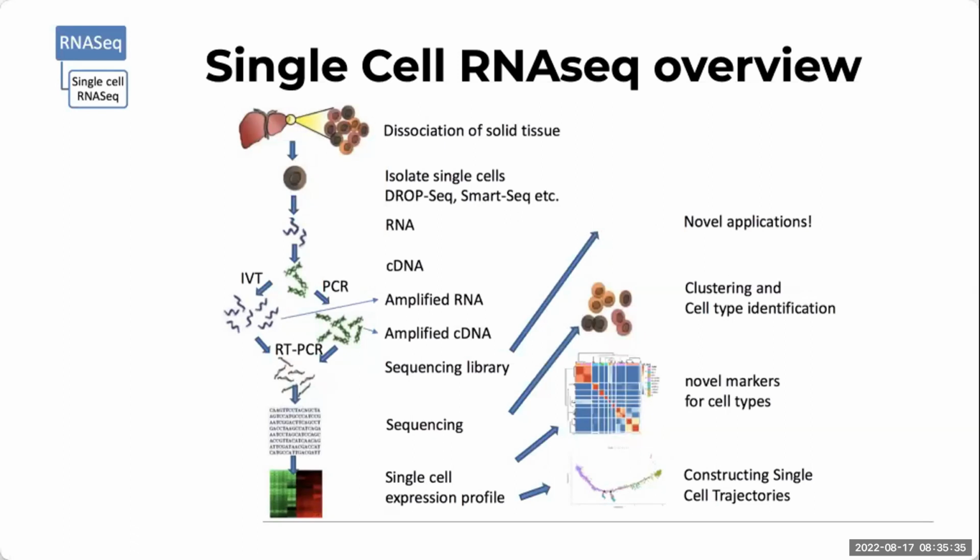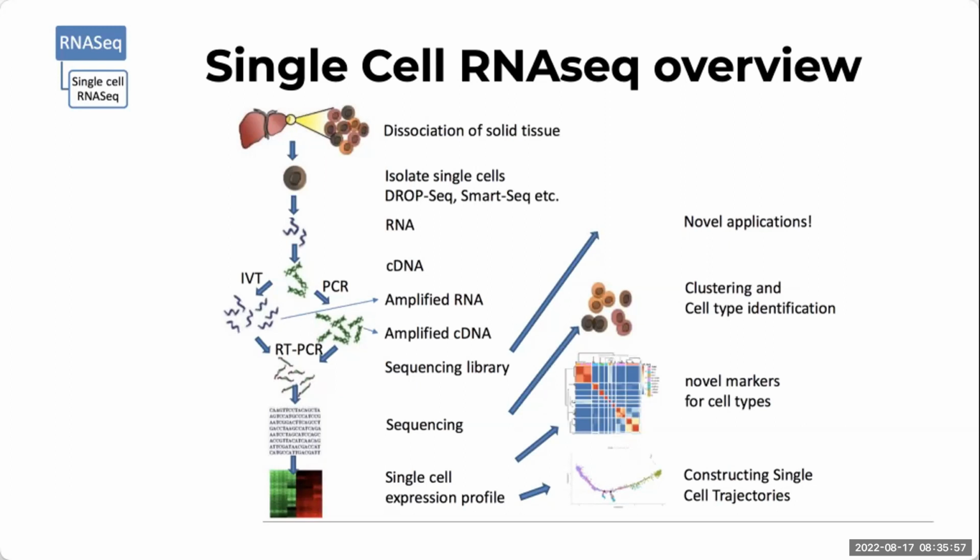This is one of the extensive steps, which can be executed by different technologies, and we will discuss an overview of these multiple different technologies which allow us to isolate single cells from tissue samples.